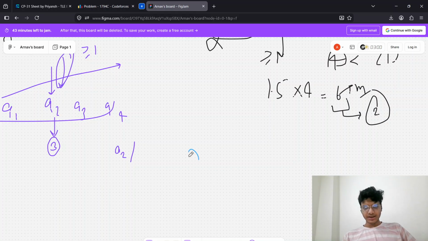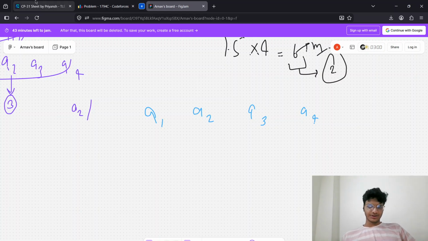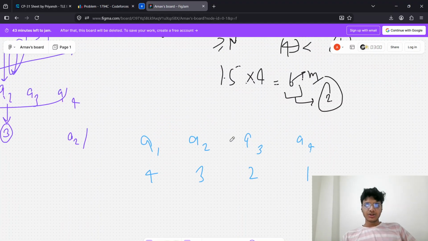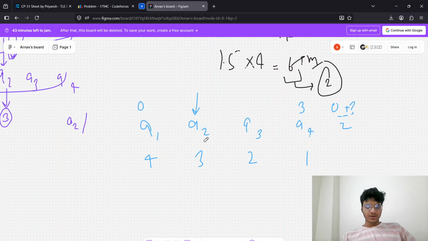That is A1, that is A2, that is A3, and that is A4. So wait a second. So we know that this one will take 4, 3, and then 2, and then 1. So we move to the left 0, and this one is 3. So 0 plus 3 divided by 2, and that is this index. So this one, A2, was your 2.